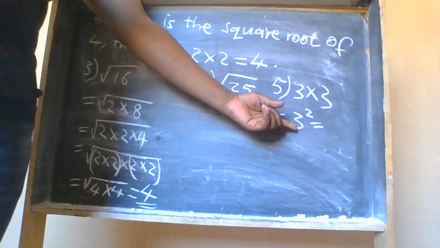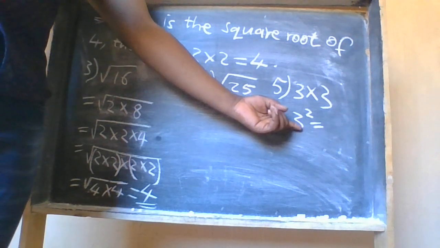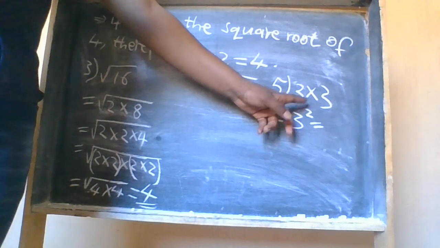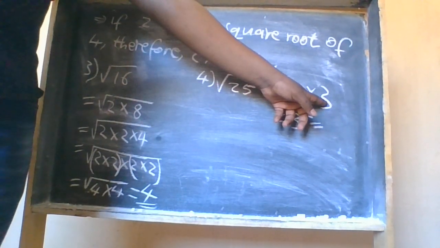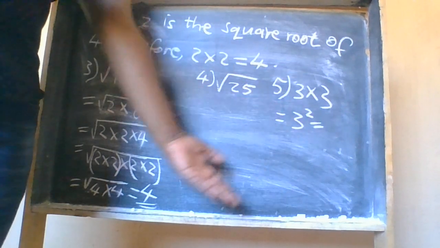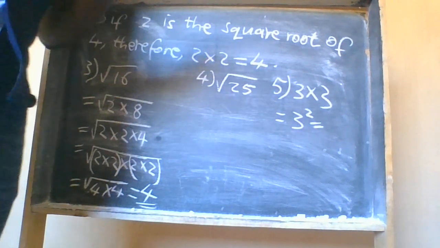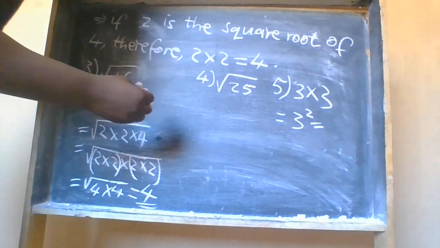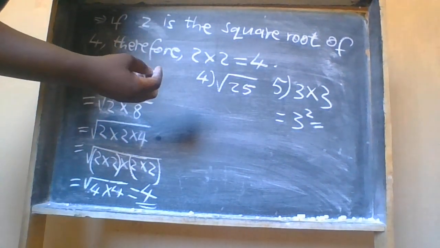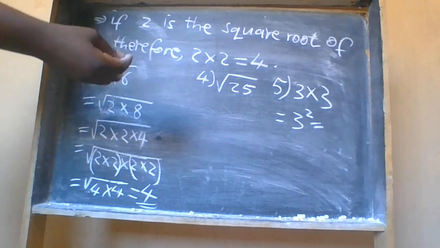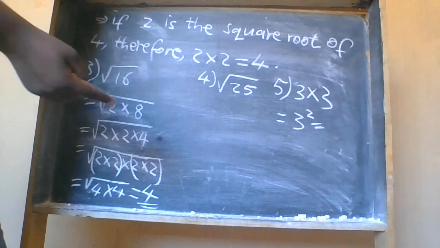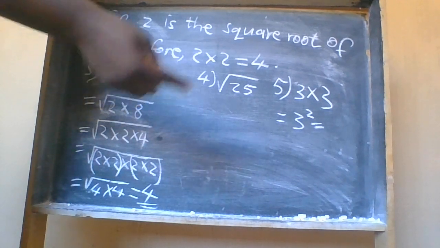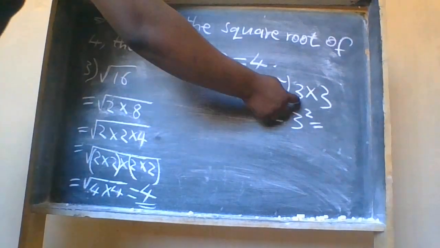It is different from 2 times 3, which gives you 6, or from 3 plus 3 plus 3.